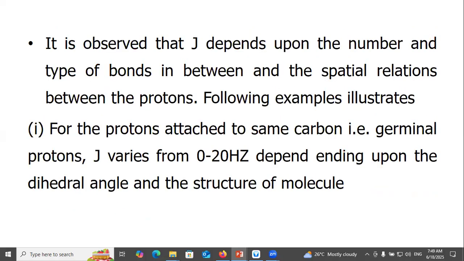It is observed that J depends upon the number and types of bonds in between and the spatial relation between the protons. For the protons attached to the same carbon, that is the geminal protons, J varies from 0 to 20 hertz, depending upon the dihedral angle and structure of the molecule.